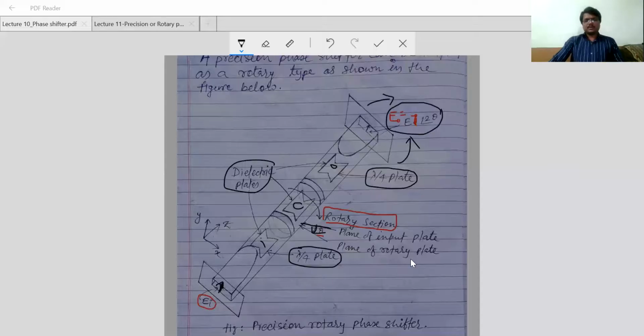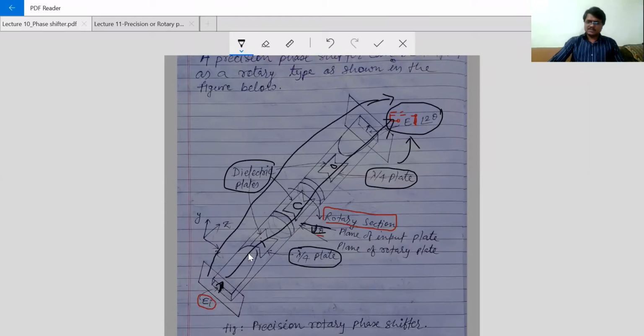Okay, we'll continue from here. There was some small disturbance in between. If this central rotary section is rotated by theta, then the phase difference between the two waves, one coming through outside and one through this, will be e to the power of j2theta.